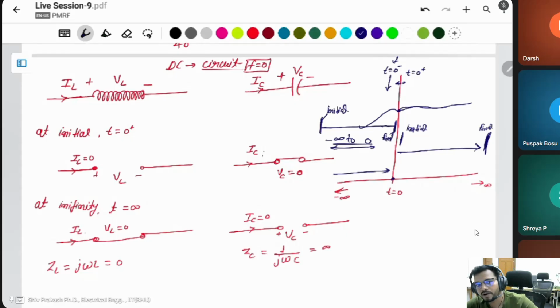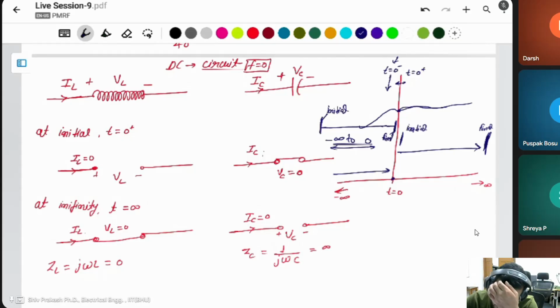If I talk about the t minus circuit, the circuit will be behaving like a steady state circuit, not a transient effect. This is a steady state. It means it behaves like t is equal to infinity. But at t is equal to 0 plus, the next circuit just started at t is equal to 0. That's why this is the initial point of that circuit.